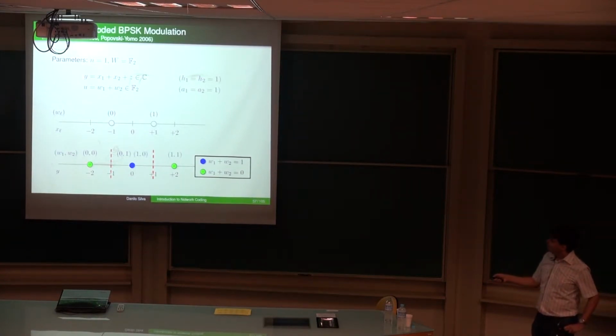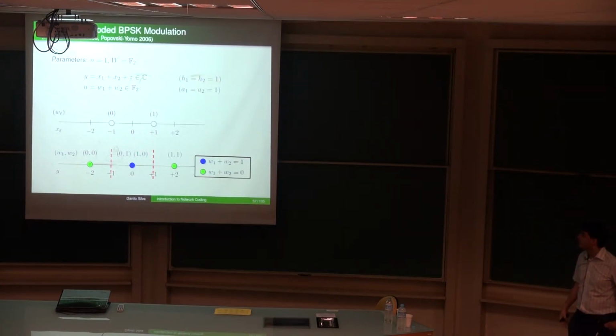You receive the point -2 when both bits transmitted are 0. You receive +2 when both of them are 1. And you receive 0 either when the bit for the first user was 0 and the second user 1, or conversely, the first user transmitted 1 and the second transmitted 0.